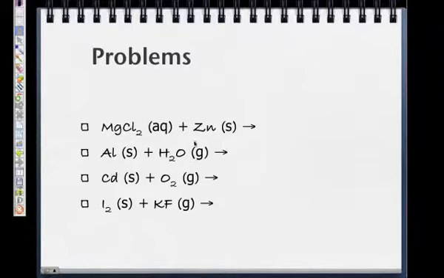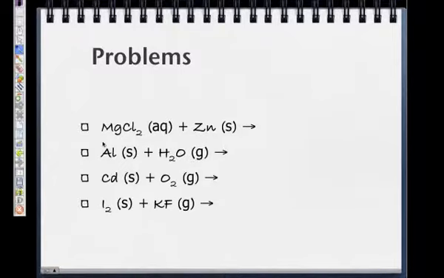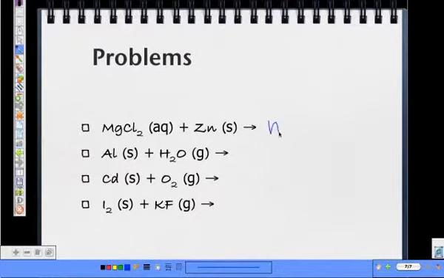So zinc is trying to replace what? Trying to replace magnesium. Can it replace magnesium? So zinc has to be higher. No? Okay. So there'd be no reaction? How about aluminum replacing hydrogen? And if you look off to the side, it says it reacts with steam to produce H2.